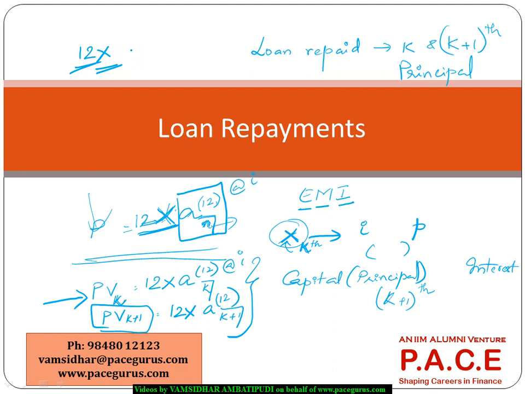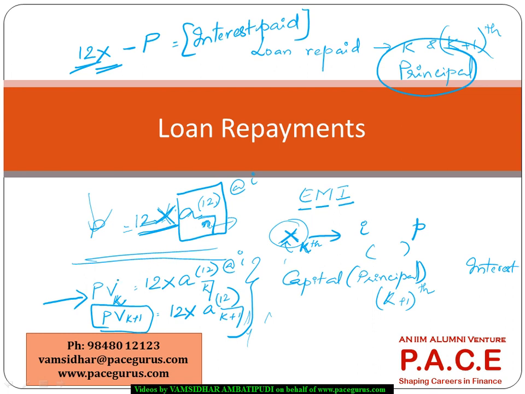So 12X is the total amount paid, but this difference is the principal that has been repaid. The difference in this period will give me the interest paid during this K plus 1th year. Interest paid during K plus 1th year is obtained through that mechanism, and the principal outstanding comes from finding the difference between the total principal outstanding in that period and the previous period, which gives me the amount of principal paid during that particular period.